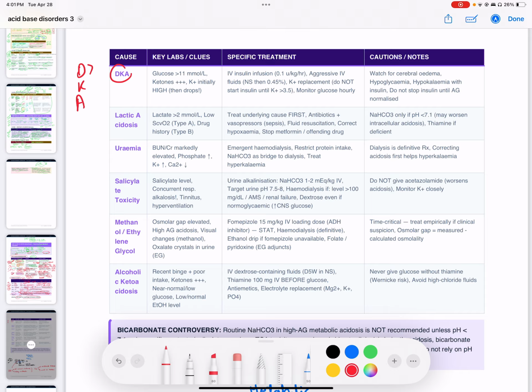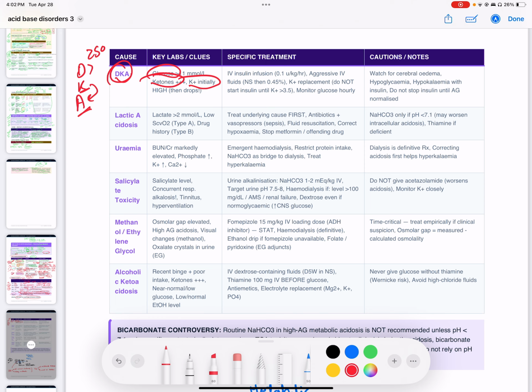So diabetic, the glucose will be high, above 250. Ketosis, then you have ketone bodies that you can test for in the blood or the urine. These ketone bodies cause the acidosis. So in DKA, glucose is high, ketones are high, there's acidosis, and usually the potassium can be high initially.